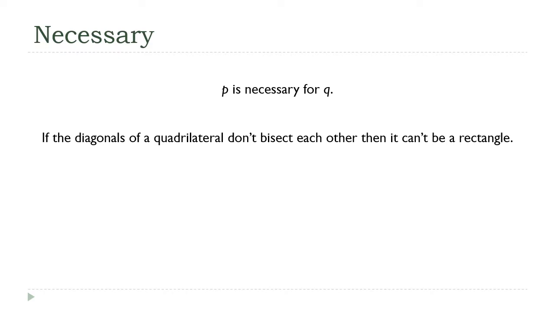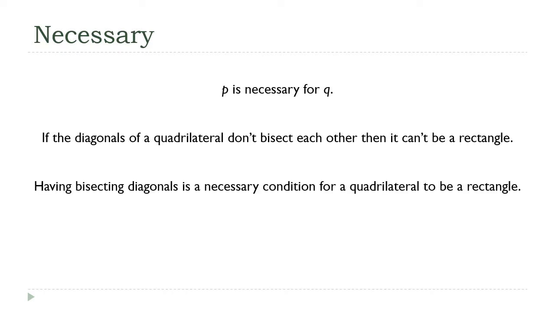Or again, using our new language, having bisecting diagonals is a necessary condition for a quadrilateral to be a rectangle. Now, in symbolic form, that would be if not P, then not Q.